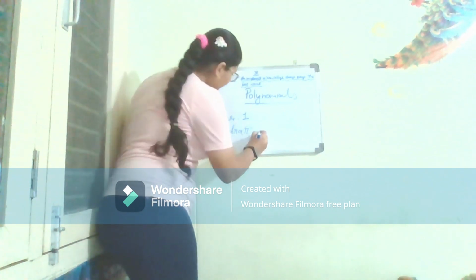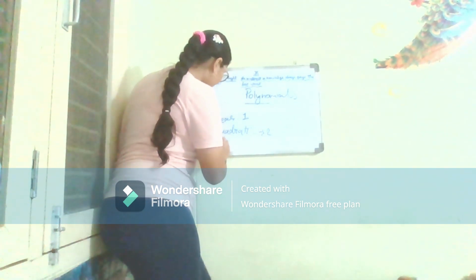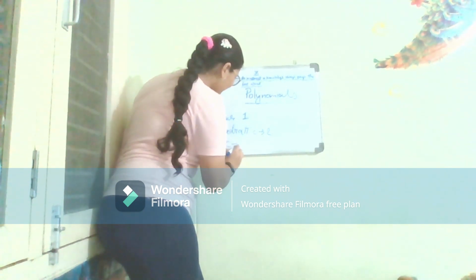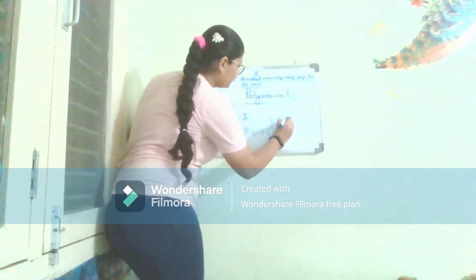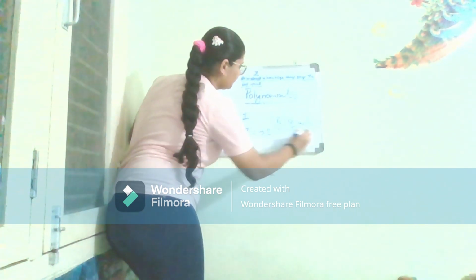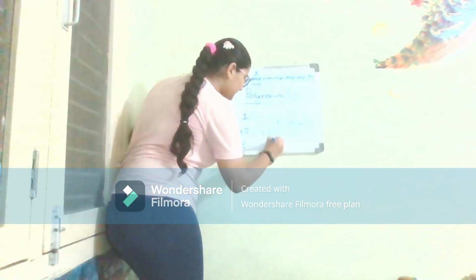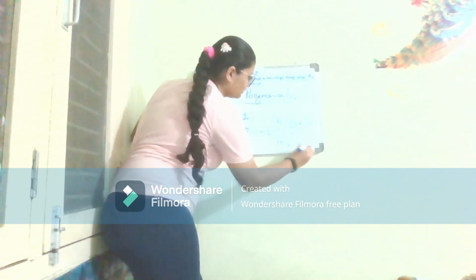So in quadratic the degree is 2. Third one is cubic, in which the degree is 3. Fourth one is biquadratic. Its degree is 4. And the last one is polynomial, whose degree is more than 4.